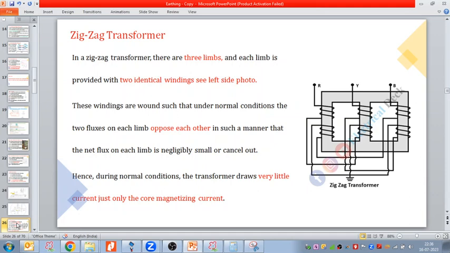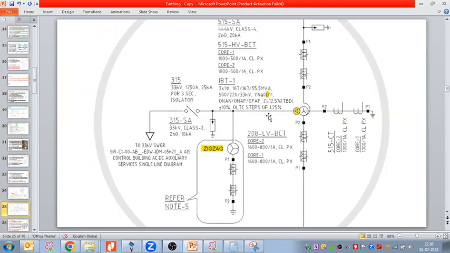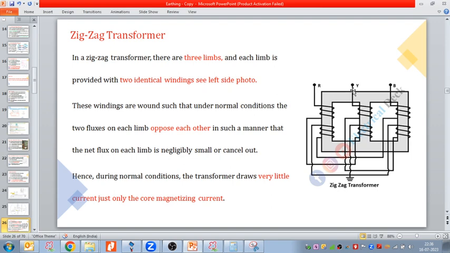As I told, this is a single winding. Here if you see, we have three limbs, and on these three limbs we are doing double winding, right? R phase, Y phase, B phase, means this RYB we are going to connect over here, and we are feeding to this RYB phase, right?